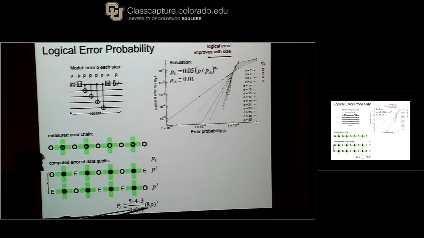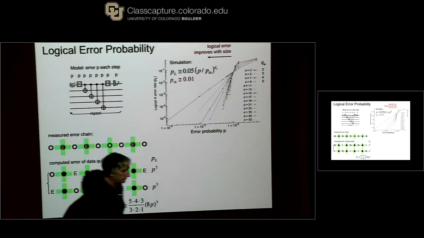There's 8 possible ways this can go wrong in all this. So 8p cubed, and then you just do the combinatorials of different ways that this can happen that can screw up. So you get this prefactor here. So here's a high school formula for estimating your logical probabilities.